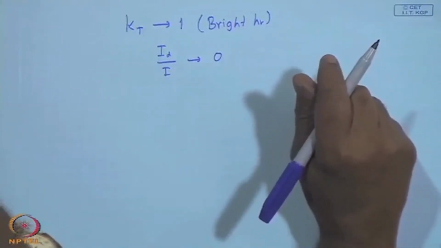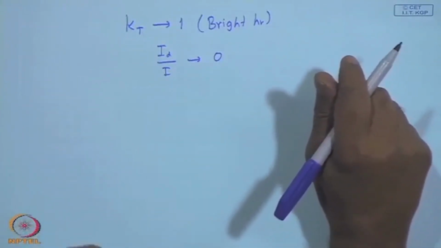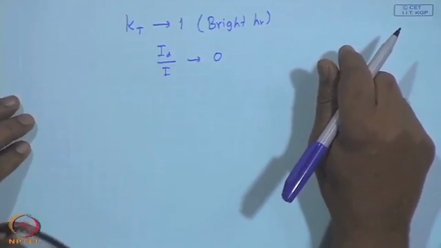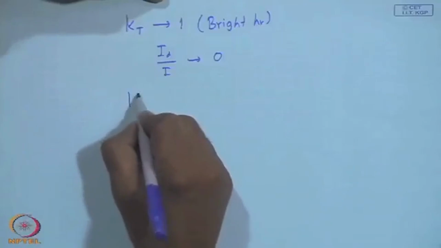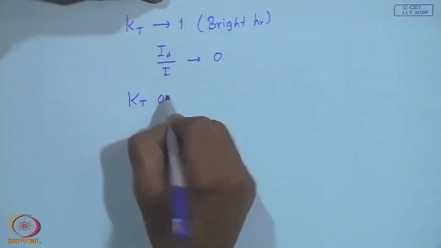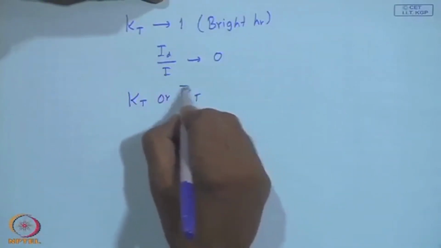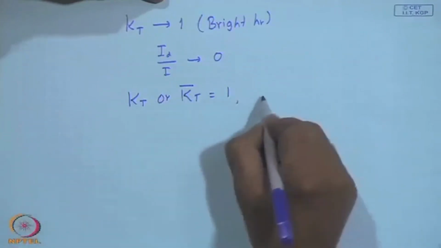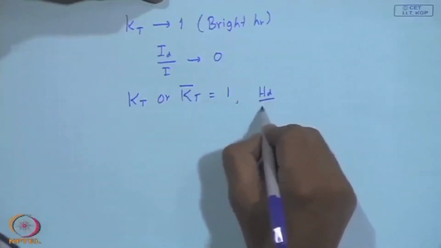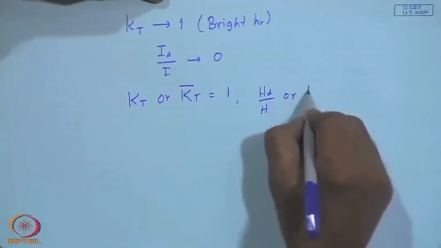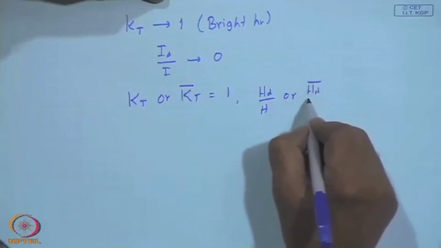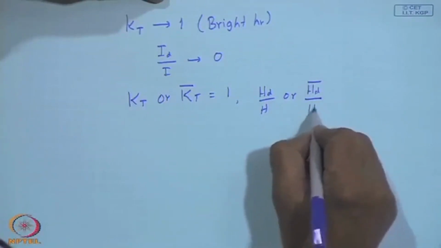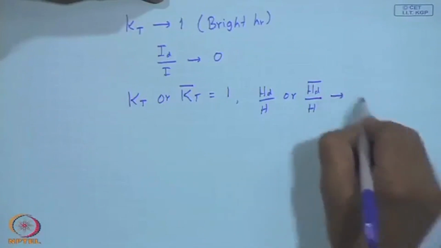That means, if the atmosphere is 100% transparent, there is no diffuse radiation, all I is your I_b itself. So by extension, if capital K_T or K_T bar are equal to 1, then my H_d by H or H_d bar by H bar tend to 0.